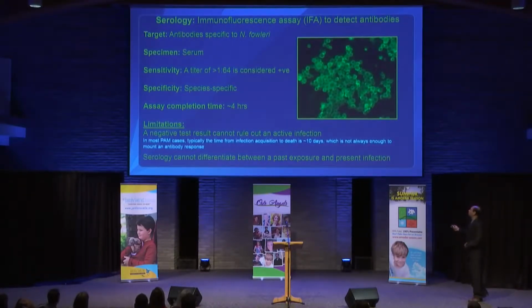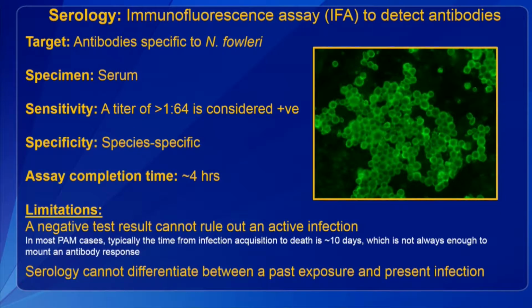But main limitations are it will require expertise, and it will also require sophisticated and expensive instrument to do the testing. And we also have a serological test to detect amoeba in serum, and the titer of greater than 1:64 is considered positive. It is species specific, and assay completion time is 4 hours, but it has two major limitations.